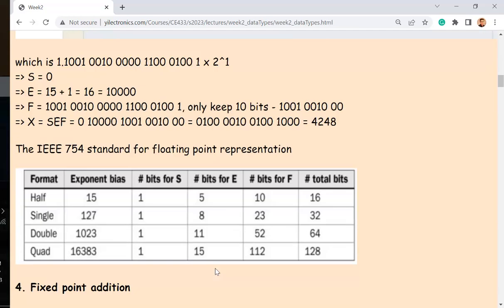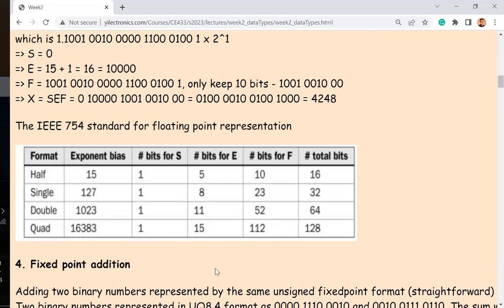Good catch, actually. Okay. So you can see there are different formats. I know you don't want to go through all the different formats, do you? We'll just learn half, as long as you know how it works. We just went through the half precision. It's defined by the IEEE 754 standard.